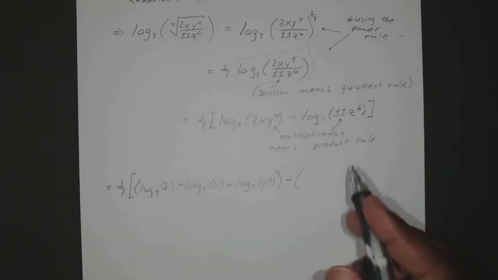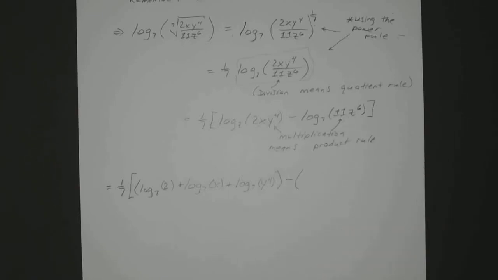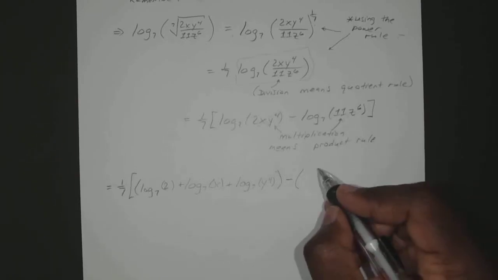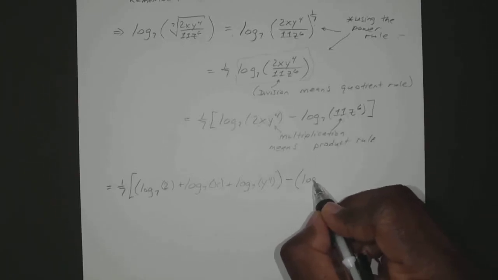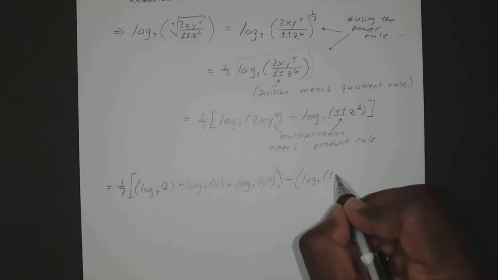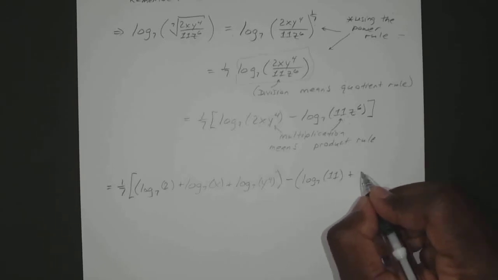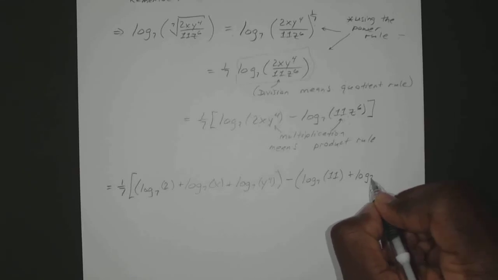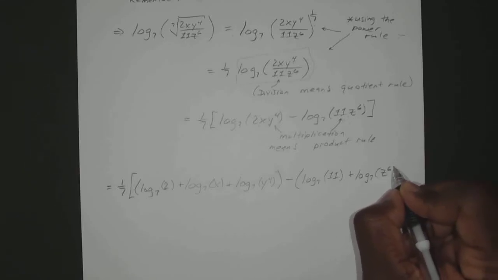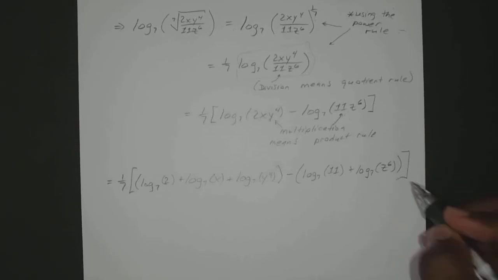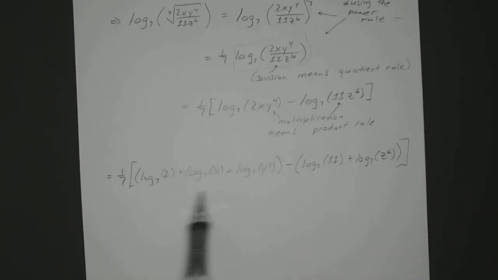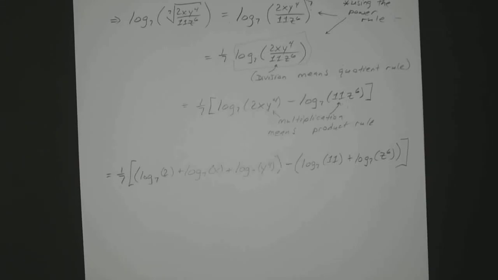Now minus, now we're going to expand this since it's all multiplication. So you have log base 7 of 11 plus log base 7 of z to the 6th. Okay, and remember that 1/7 is still multiplied to everything in there. Okay, any questions on this so far?